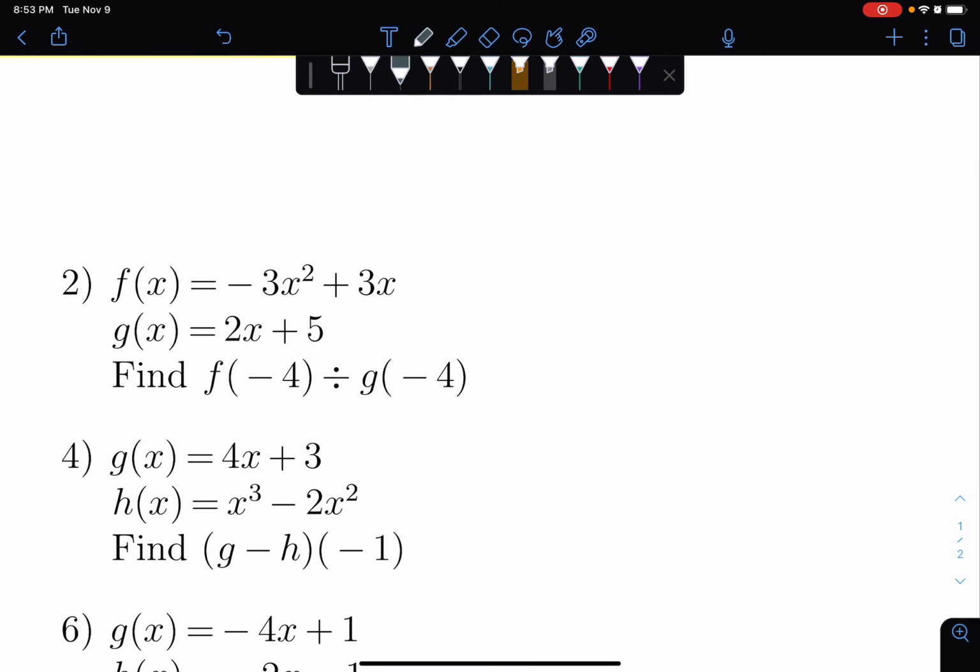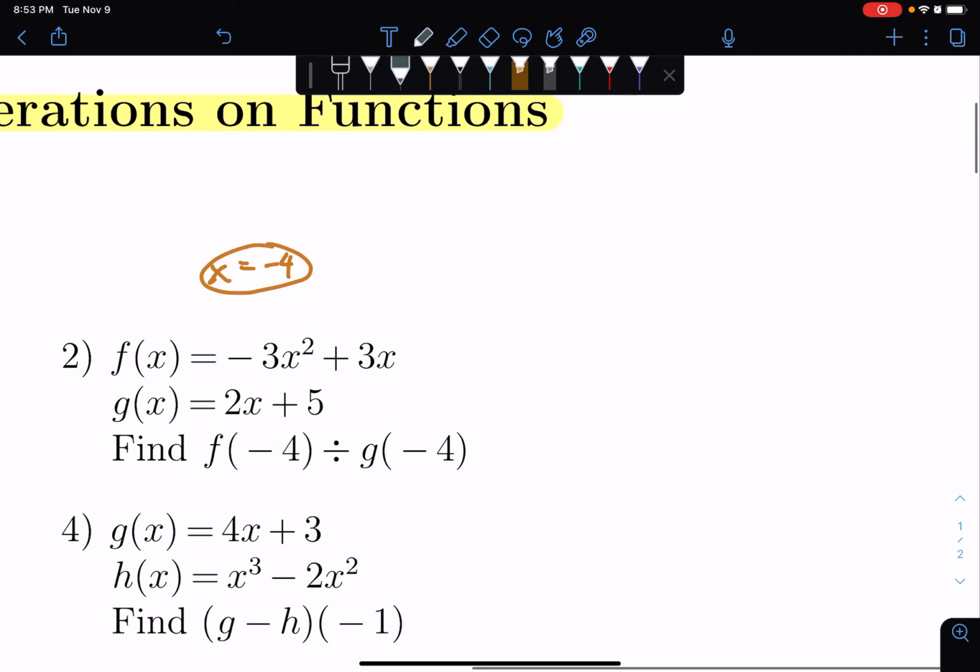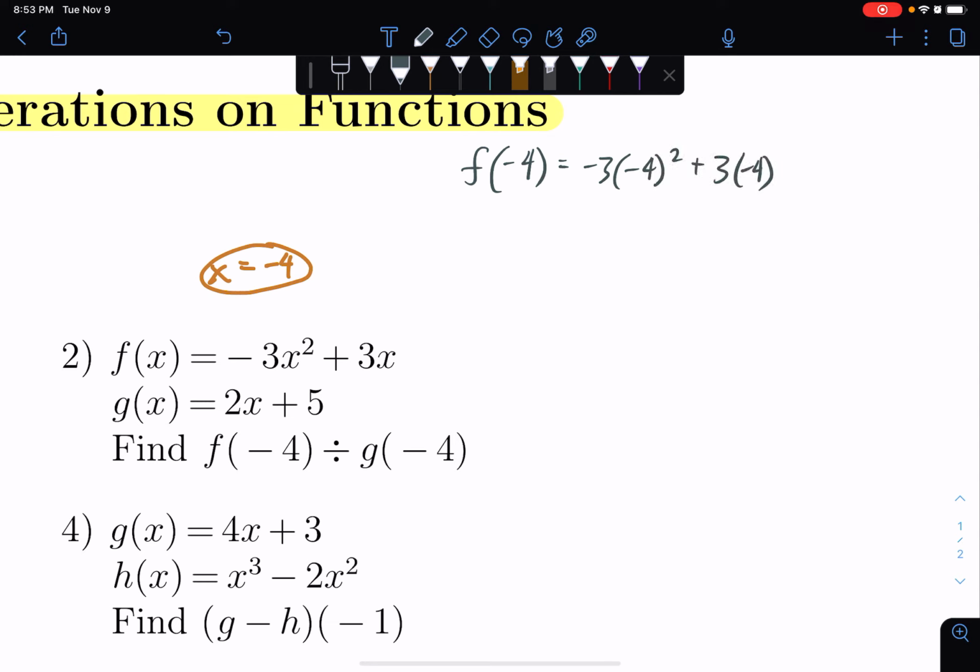So f of x, g of x, whereas this time we have x. X is equivalent to negative 4. So let's solve for f of x, which is, in other words, f of negative 4, such that x is equivalent to negative 4. So negative 3x raised to 2 plus 3x.